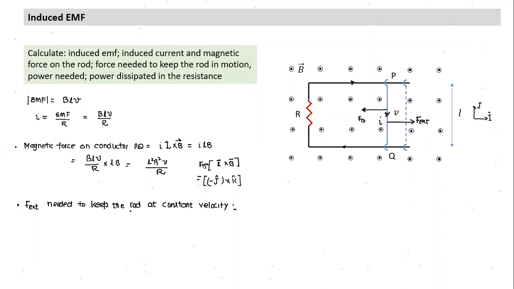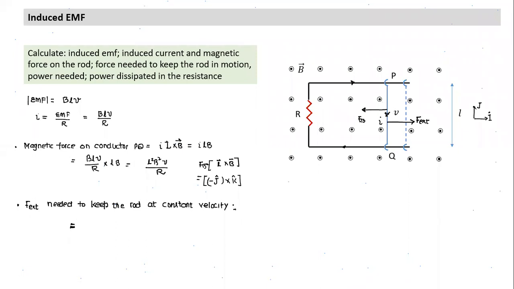Not sure. Okay. Preetam? Not sure? To move with a constant velocity, what has to be the net force on something moving with a constant velocity? Net force is 0. Which are the two forces acting on this rod here?